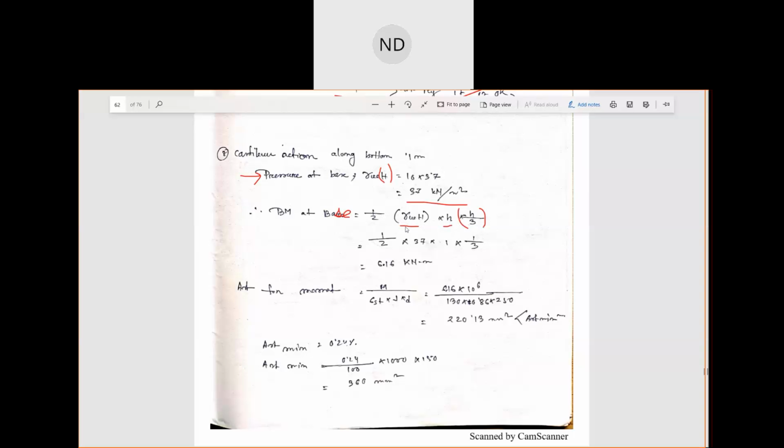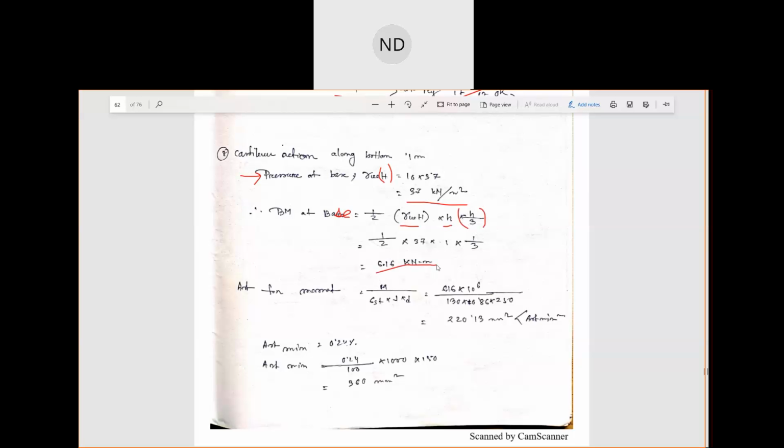Base is gamma w into h, the pressure, altitude is h distance, and since this is moment, it is multiplied by h by 3, because the CG of a triangular section is at h by 3 distance. So we have got our bending moment at the base to be 6.16 kilonewton meter.